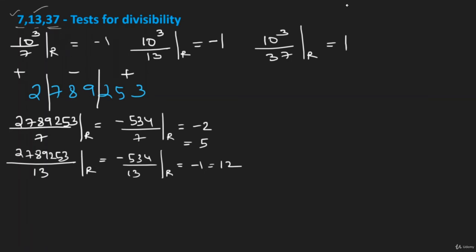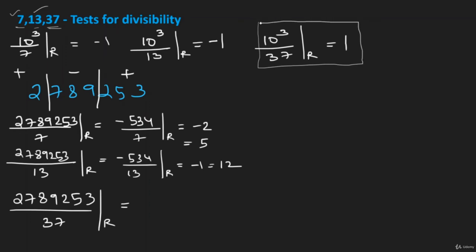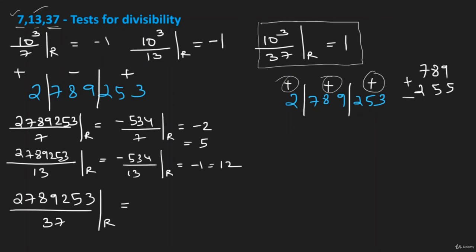Now let's do a question for 37. Say you want to do 2789253 divided by 37. Now in the case of 37, we have seen that 10 to the power 3 divided by 37 gives you a remainder of +1. Therefore, after dividing the number into triplets, you have to give plus in all the triplets. Now you just need to add this up. So this adds up to 1044.